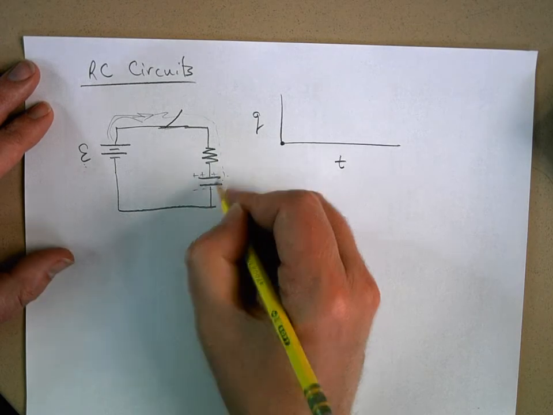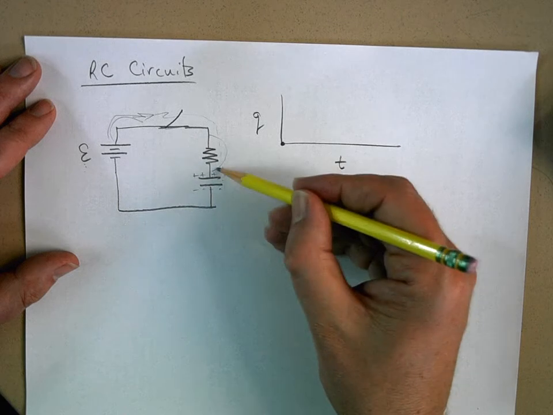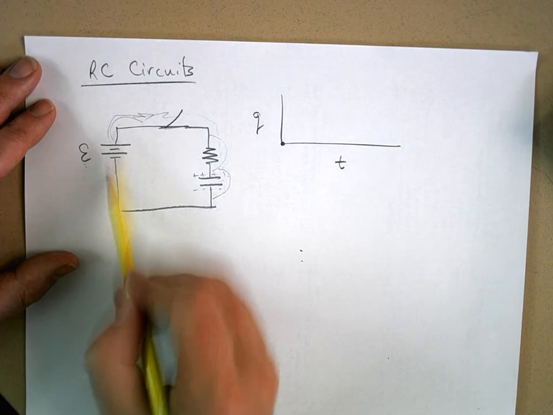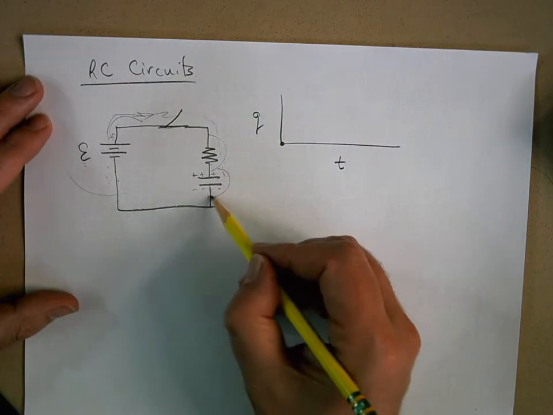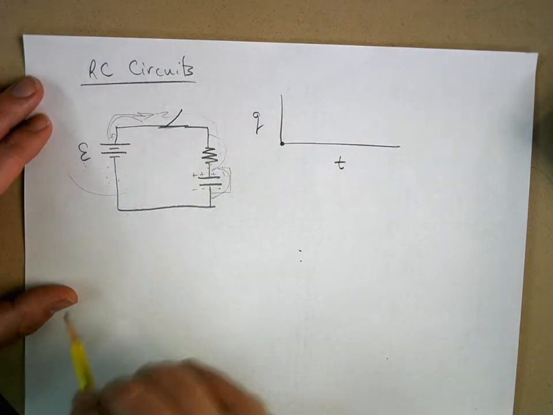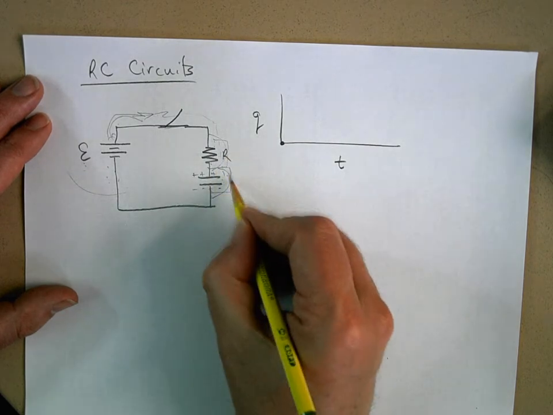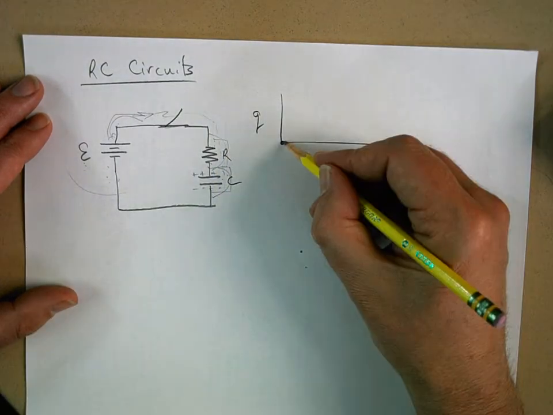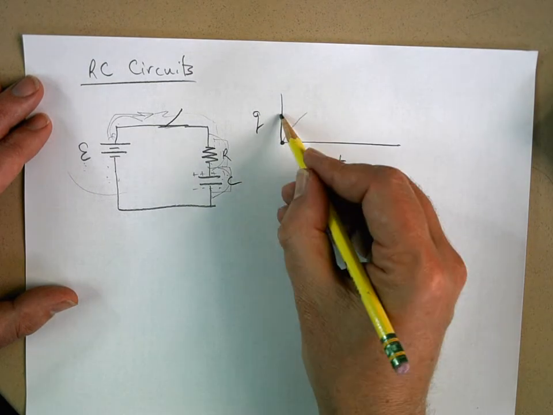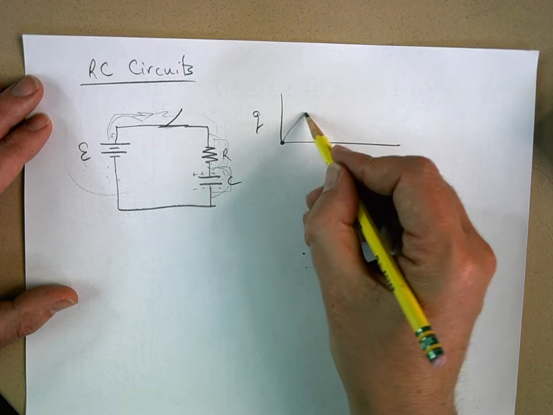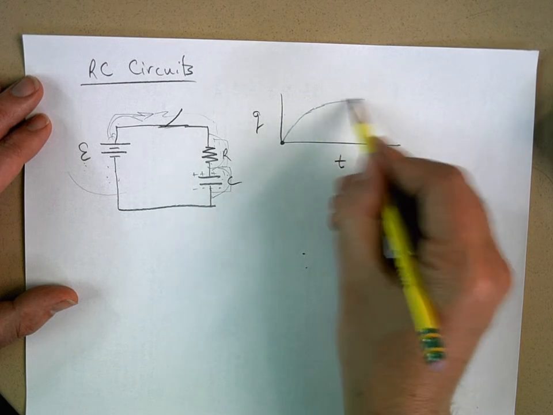Why? Because the voltage drop here plus the voltage drop here has to be equal to the voltage gain from my battery. As the capacitor gets full, we get a voltage drop across the capacitor. That means less current can flow through the resistor, which means that as time goes by, as we gain charge, the rate at which I gain charge decreases.